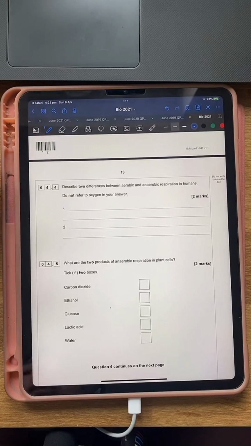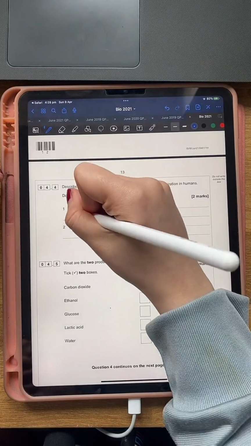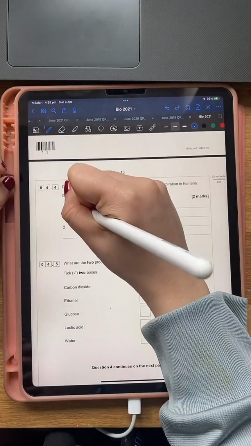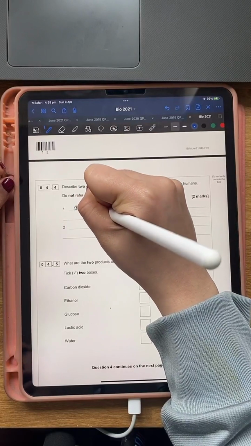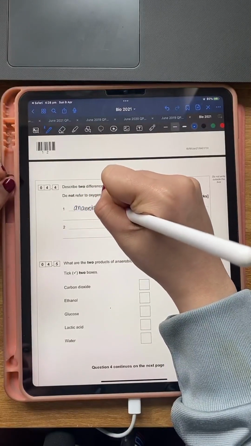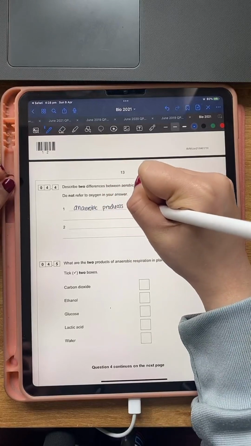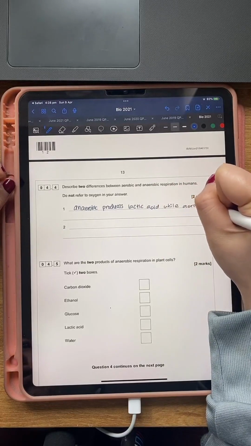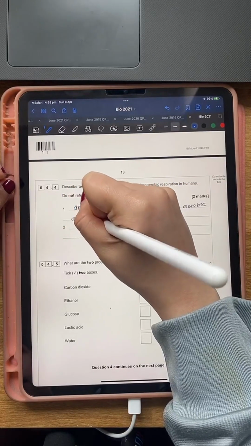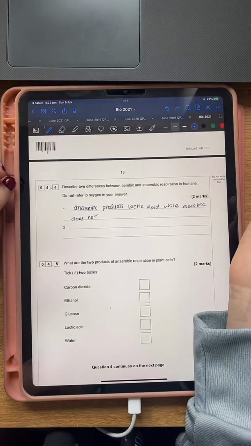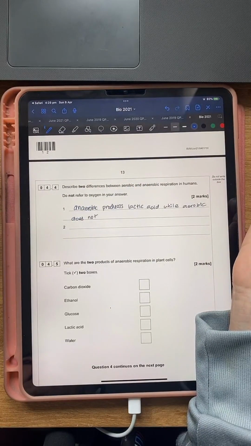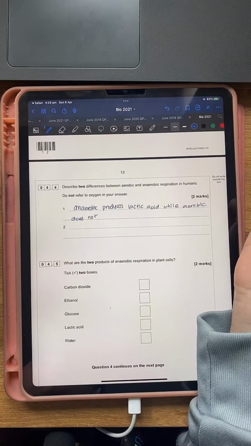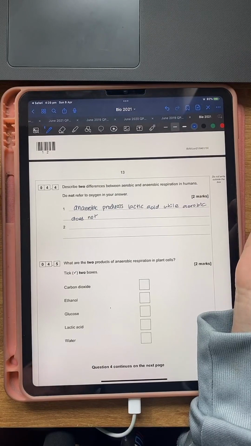Anaerobic produces lactic acid, while aerobic does not. Aerobic produces energy. They both produce energy, but one produces less. Glucose breakdown by aerobic, they're both broken down. They can be broken down by either.